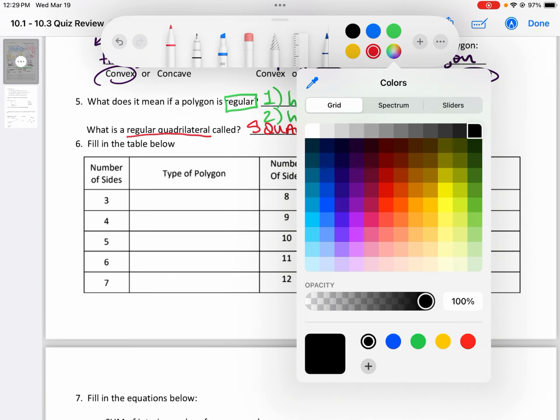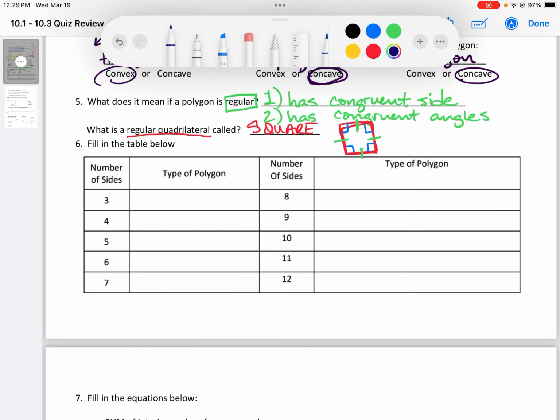Just real quickly, you need to know the polygons by their number of sides.